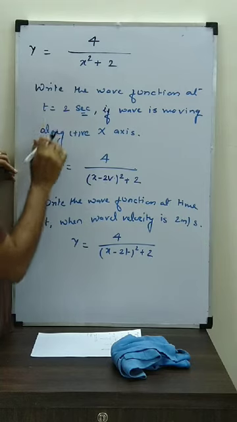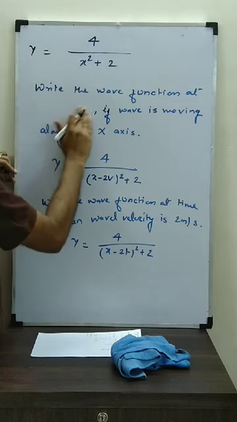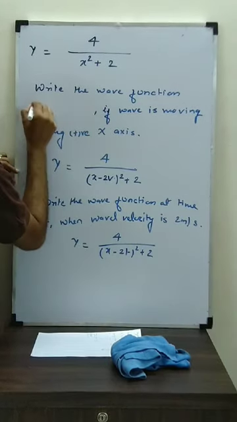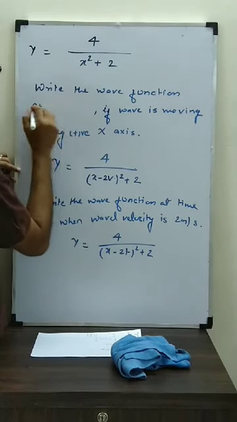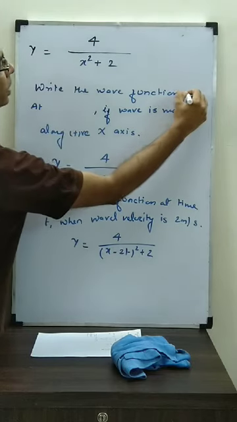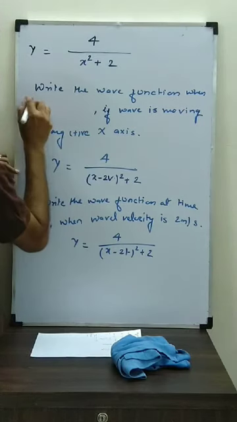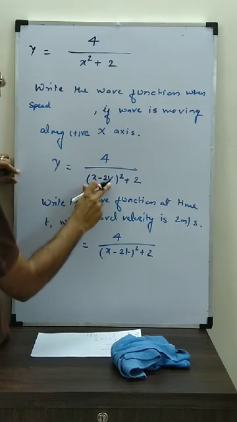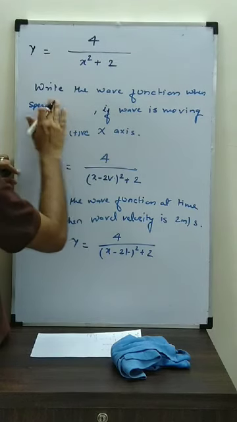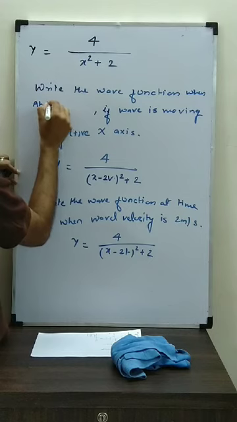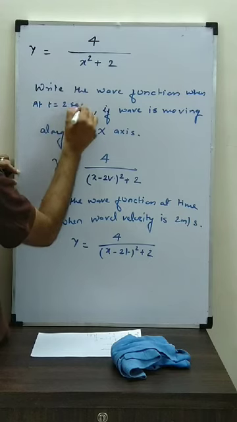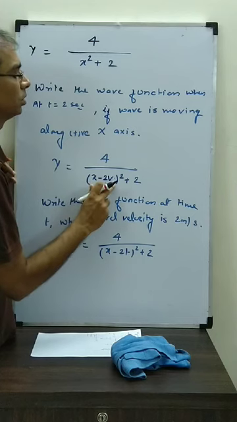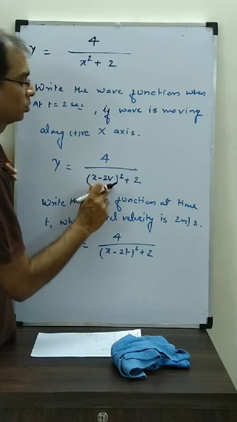Here it is the wave function at time t, when the speed is given. That's correct only. In the earlier case, write the wave function at time t equal to 2 seconds: t is written as 2 and v is unknown, so we have written it as x minus 2v.